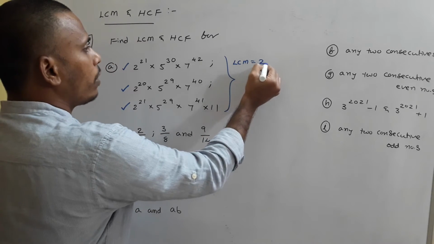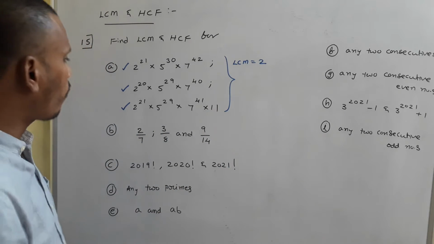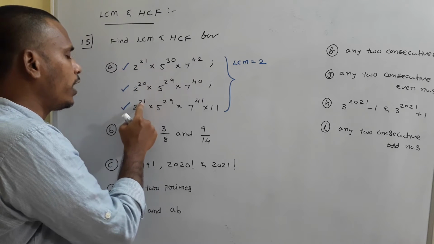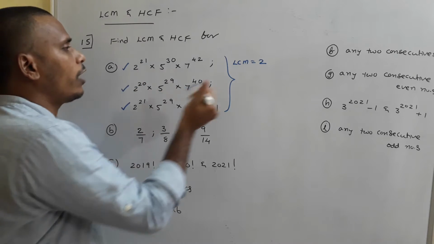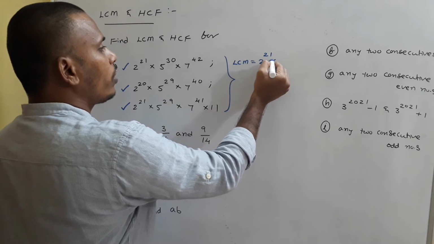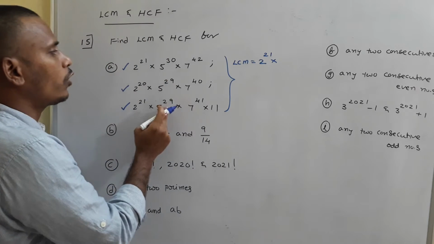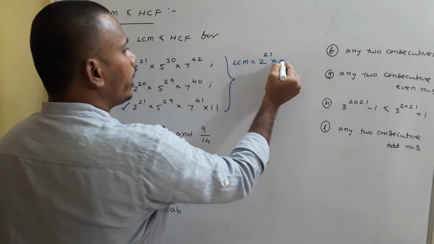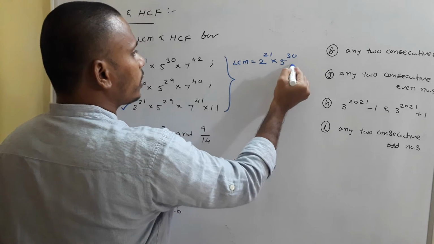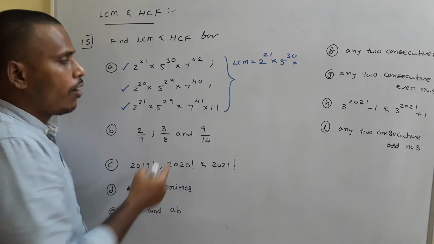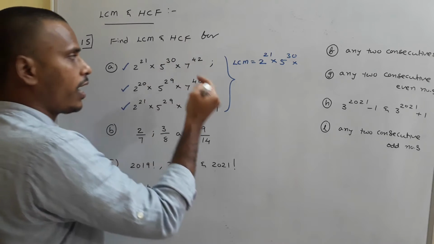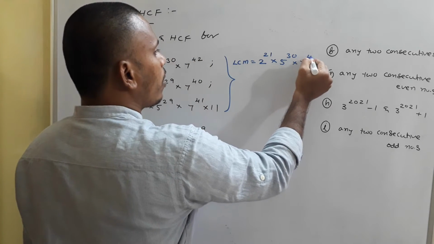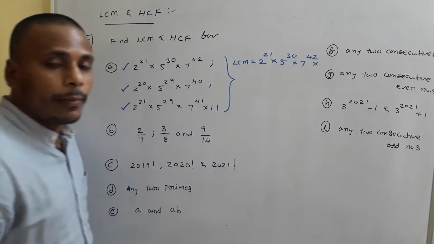For 2, the powers are 21, 20, 21, so the maximum is 21. Next, 5 has powers 29, 29, 30, so we take 5 power 30. For 7, the powers are 41, 40 and 42, so again we take the maximum, 7 power 42.